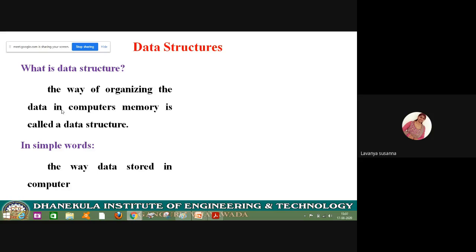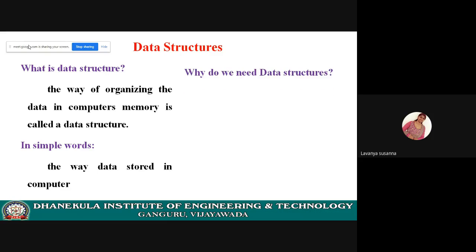Now, why do we need data structures? To allow data retrieval. If you want to retrieve the data, or access the data efficiently, the data must be stored in some particular format in the computer's memory.